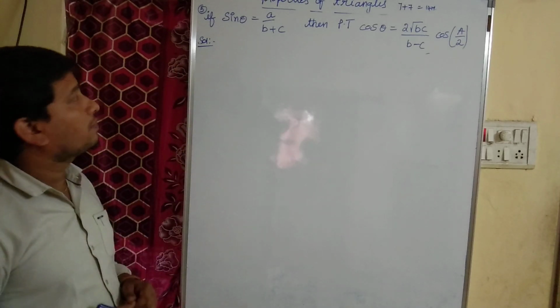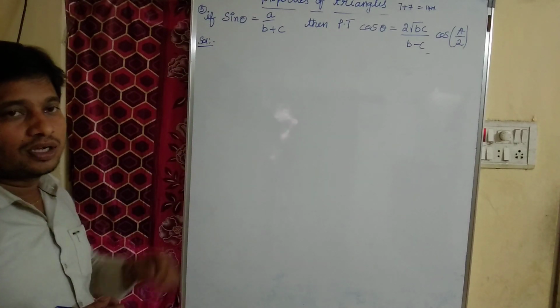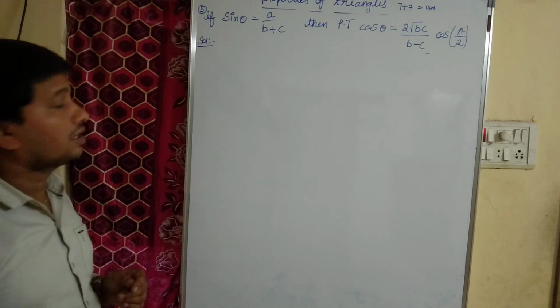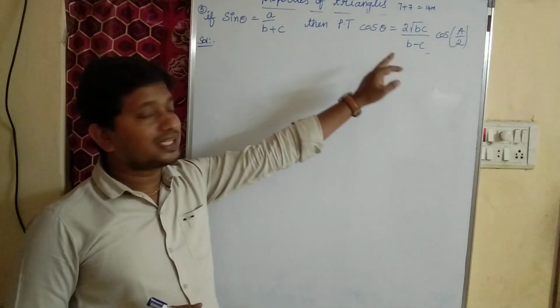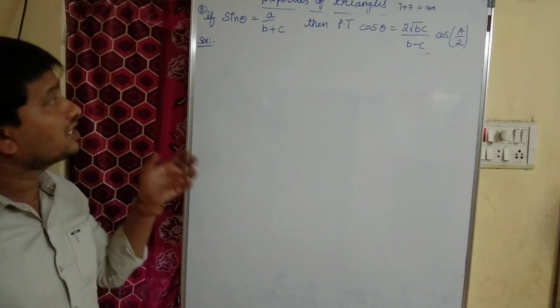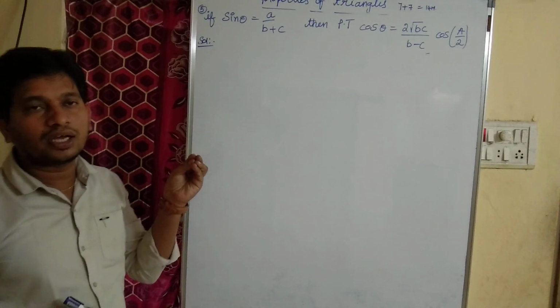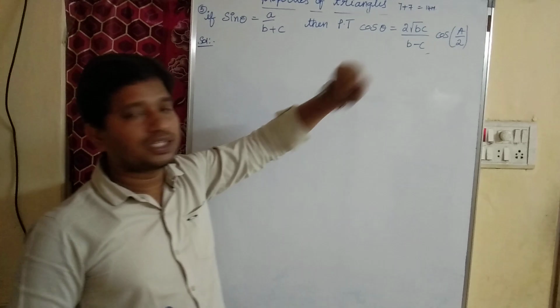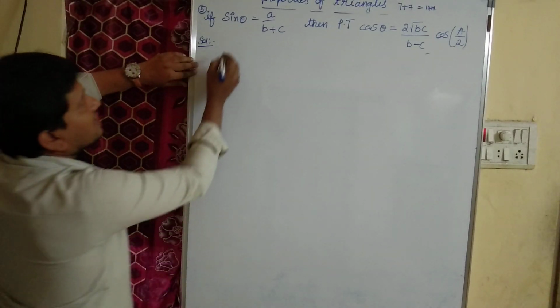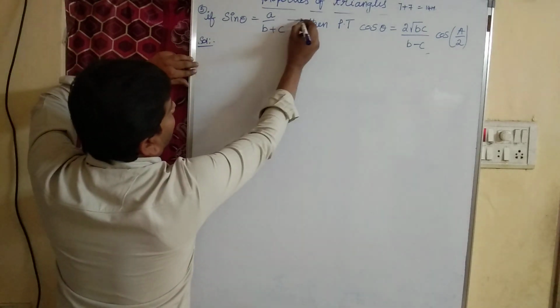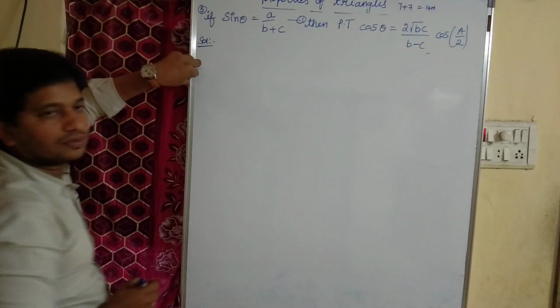Now coming to problem number 5, the same method. Before, in the previous problem, they had given cos theta and asked to prove sin theta. Now in this problem they have given sin theta and they are asking to prove cos theta. Right? So given sin theta equal to a by b plus c.